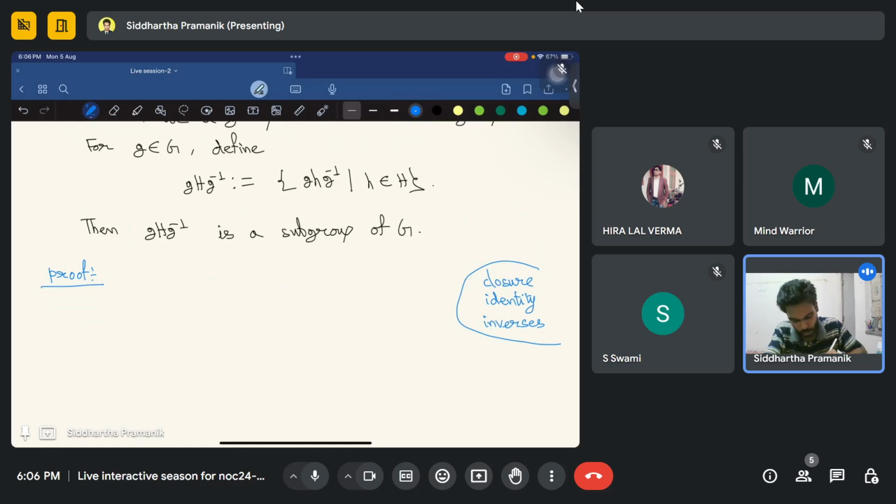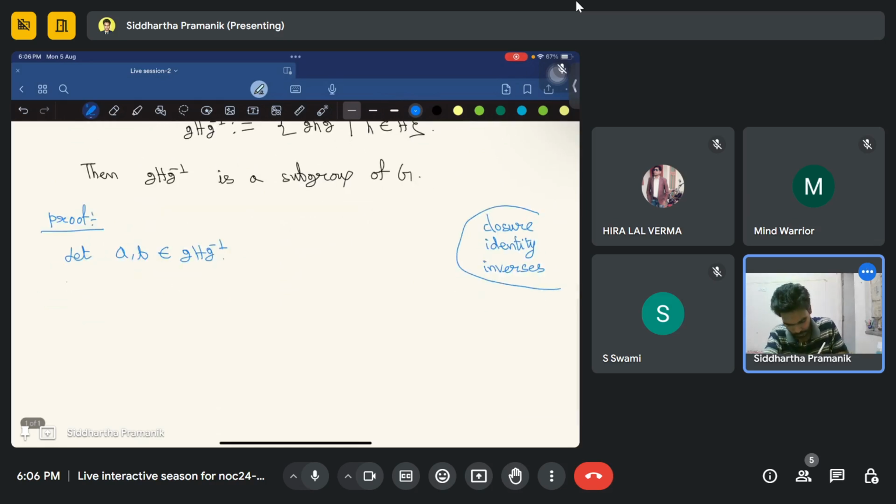So we need to show that the set is closed under the group operation. Let a and b be two arbitrary elements of the set gHg inverse.